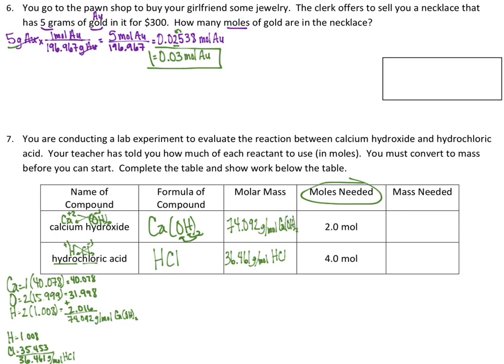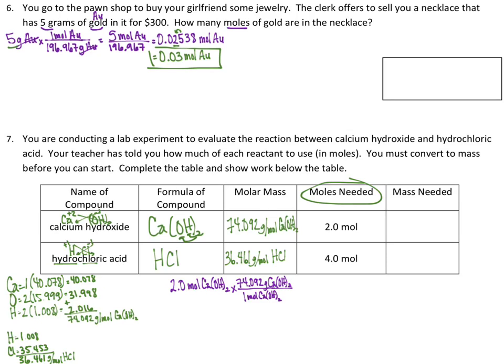Okay, so we're not done yet. So again, our given in this case is 2.0 moles of calcium hydroxide. We want to end up with grams. We just calculated that molar mass, so we're good. So we know that 1 mole of calcium hydroxide, okay, we look at our molar mass, is equal to 74.092 grams of calcium hydroxide.